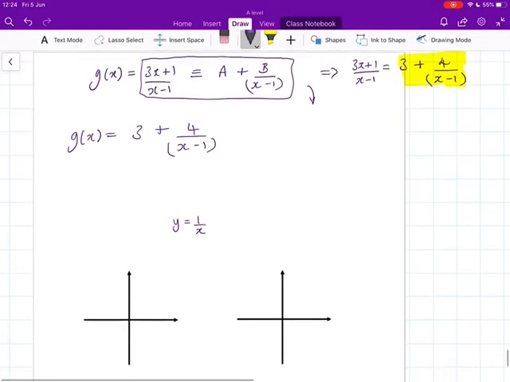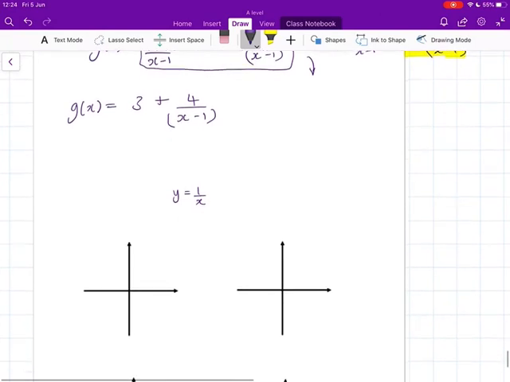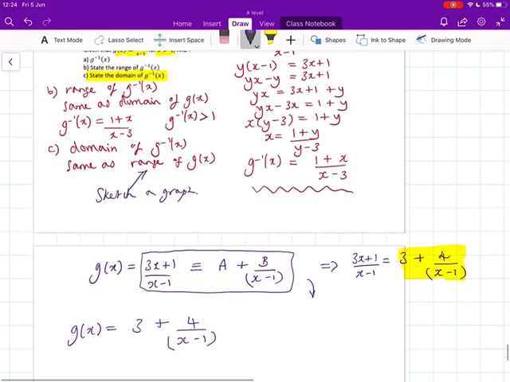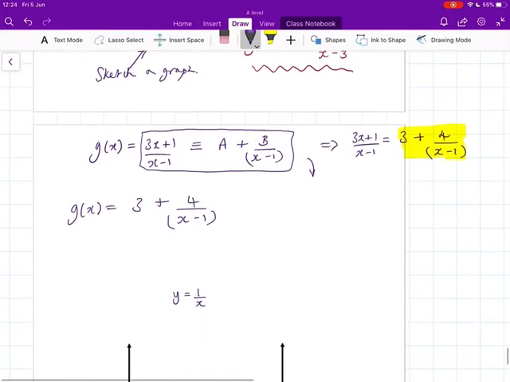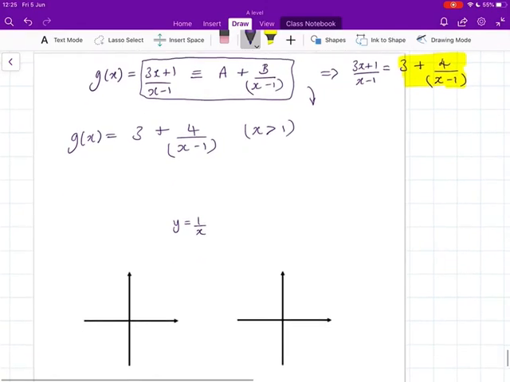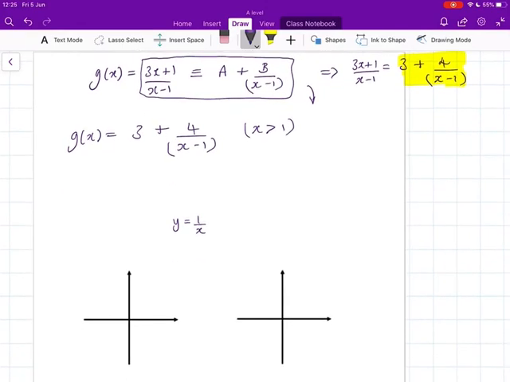We were told in our original function that x had to be greater than 1. So that domain still holds in this case, and we're only looking for x greater than 1. So our graph is going to look something like that. That's our graph y equals 1 over x.